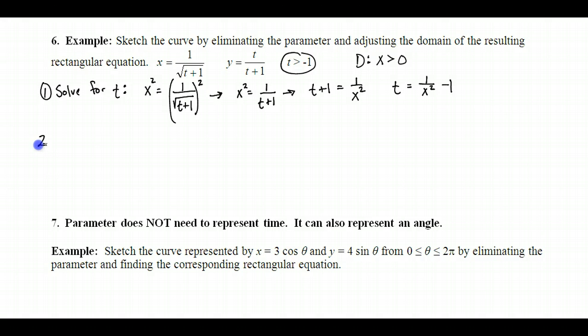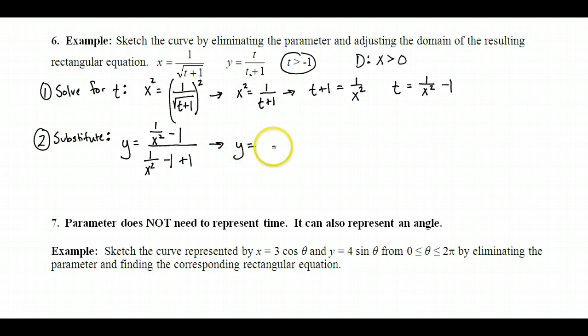Number 2, I have to substitute it into the other equation. So, substitute. Therefore, y is equal to, since I've already used the x equation, my t value in the numerator, 1 divided by x squared minus 1. That's divided by my t value, 1 divided by x squared minus 1, and then plus 1, which is just one ugly mess.